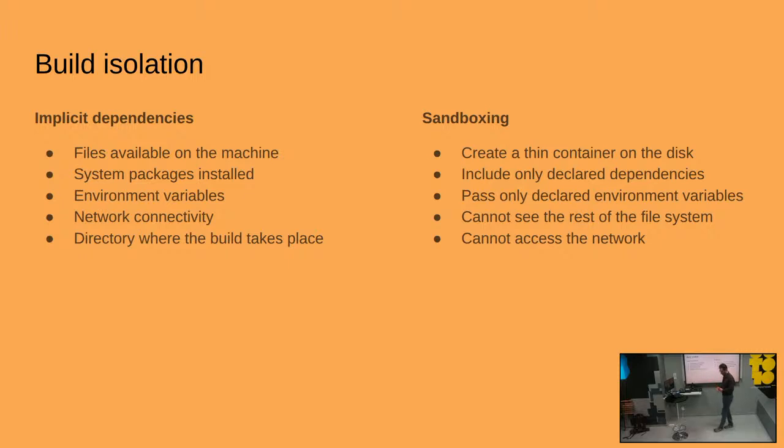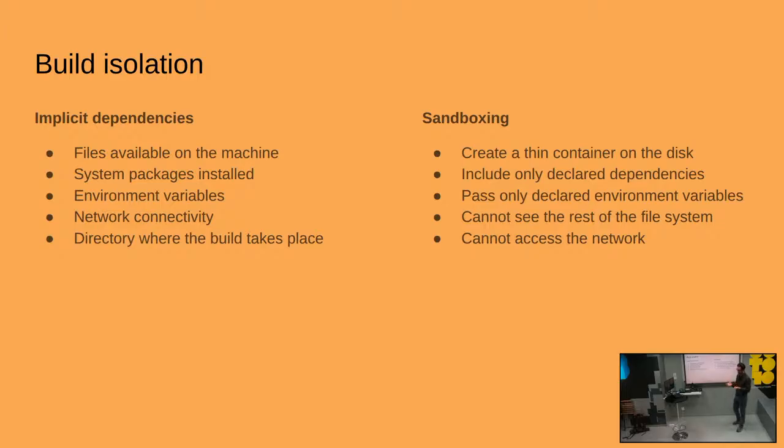So you would be passing only declared environment variables, in the same way you would when you run a Docker container, for instance. You pass, I believe it's -e, when you want to specify all those environment variables that you do want to propagate and pass through to the container. In the same way, this is what you would do for the build context as well.